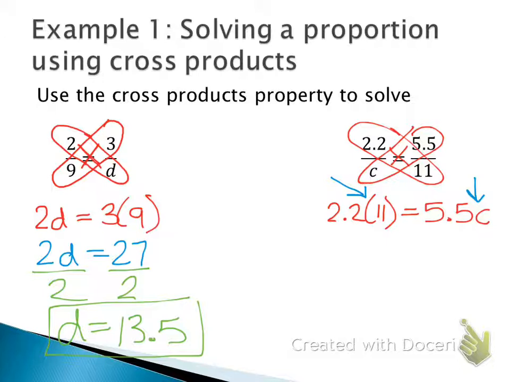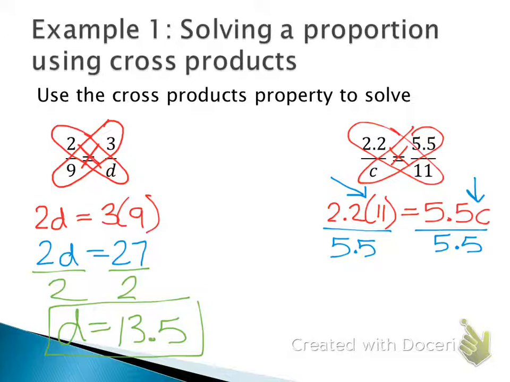Now, this takes me back to chapter 7. How do I solve for the variable? Well, I need to divide both sides by whatever number is attached to the variable. In this case, it's 5.5. Okay, well, what's 2.2 times 11? Anybody know? Can I use my calculator?